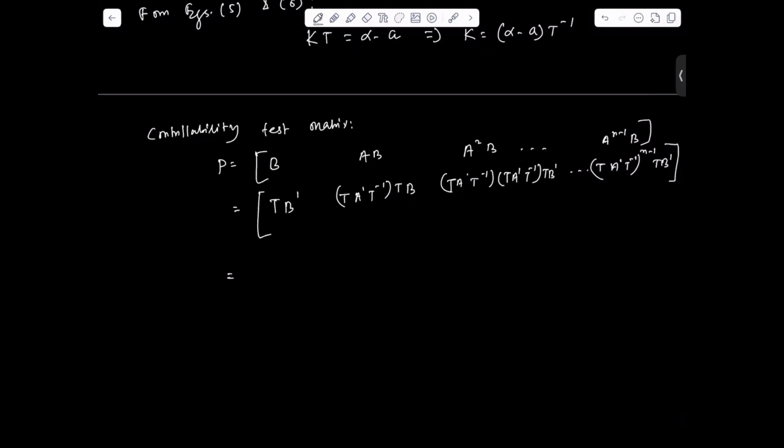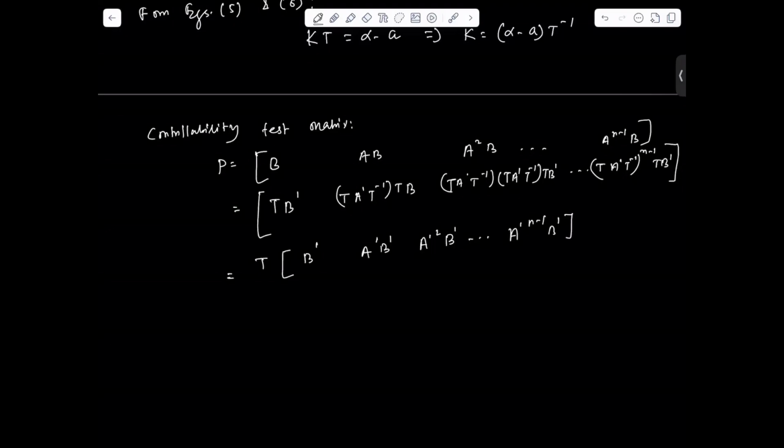Here T inverse T will give the identity matrix, here also identity matrix, and here also identity matrix, and similarly for the subsequent terms. If we take T outside, we can write B dash, A dash B dash, A dash square B dash, dot dot dot, A dash n minus 1 B dash.